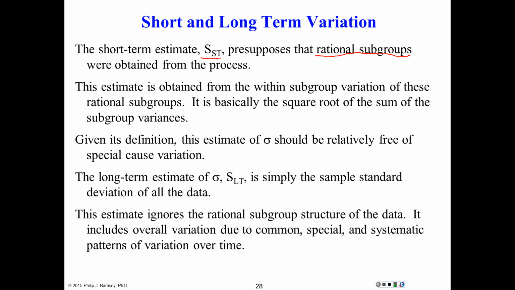Okay, long term, since there's really no simple definition of what long term means, they simply take your entire sample of data and calculate the standard deviation over the whole data set, and the long term ignores the idea of a rational subgroup.